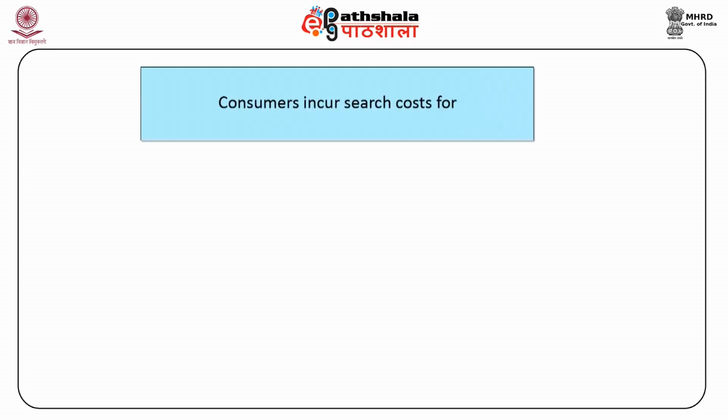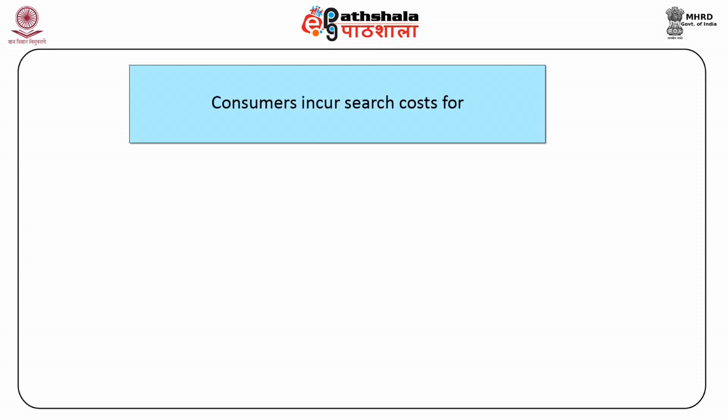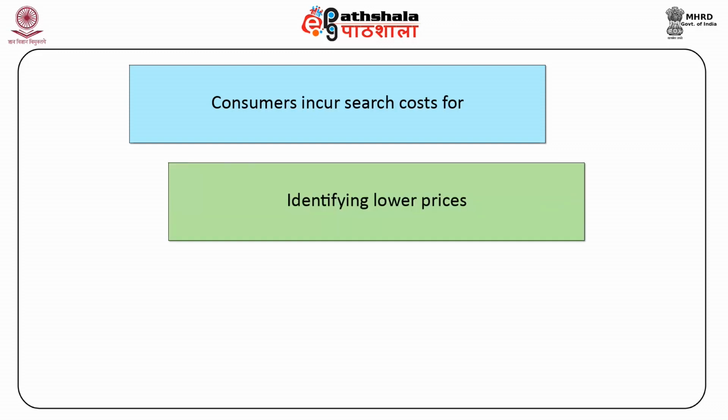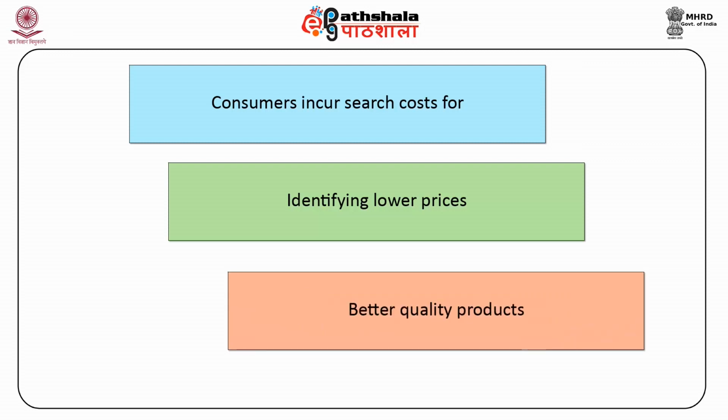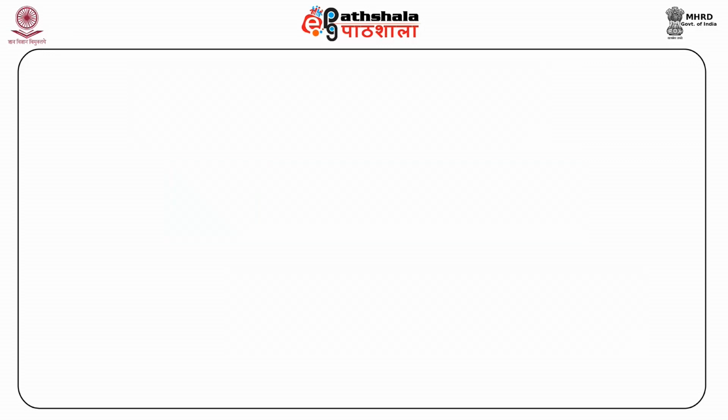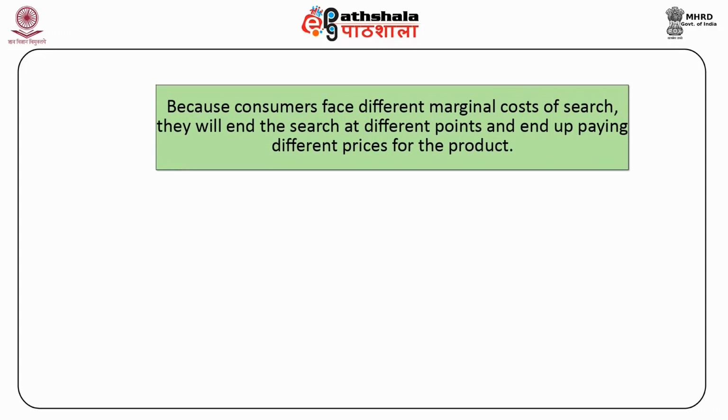To generalize, in the face of inadequate information, consumers will incur search costs for A. Identifying lower prices, and B. Better quality products. Because consumers face different marginal costs of search, they will end the search at different points and end up paying different prices for the product.